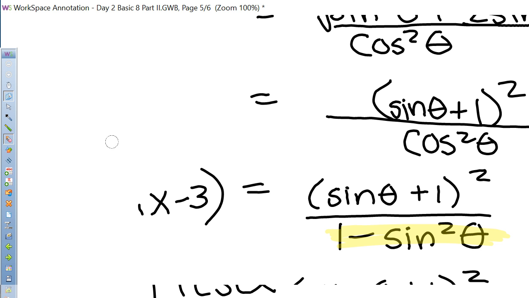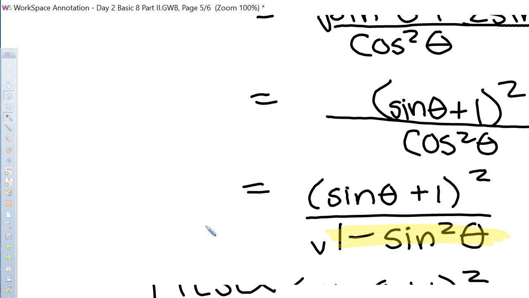Instead of 1 minus sine squared, what would our two factors be? Square root of 1, what's the square root of 1? So both of them will have a 1. One will be a plus, the other will be a minus. And what's the square root of sine squared? Sine. So 1 plus sine of theta, 1 minus sine of theta.